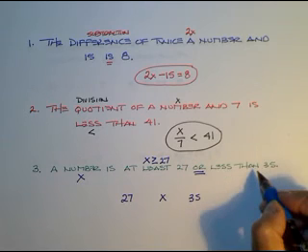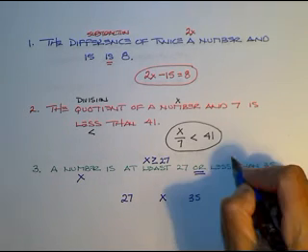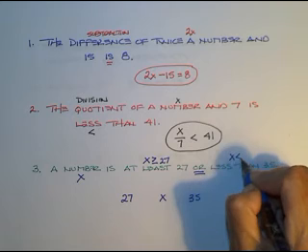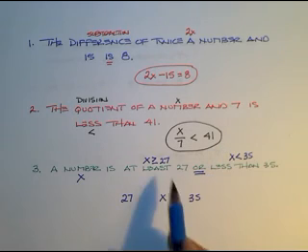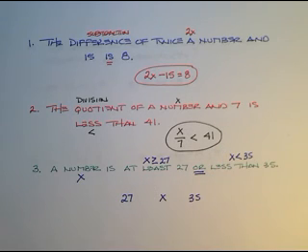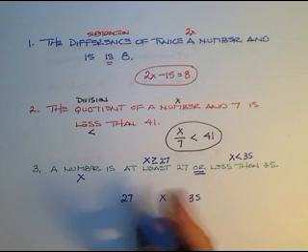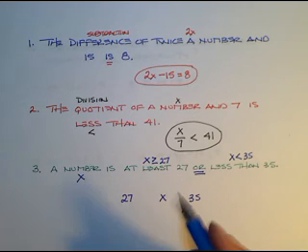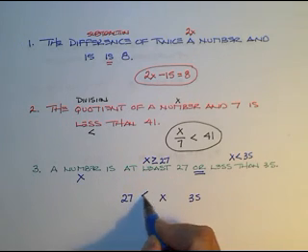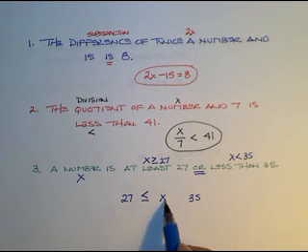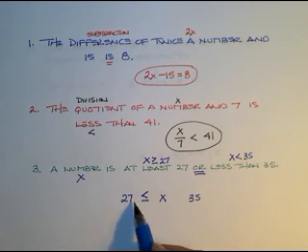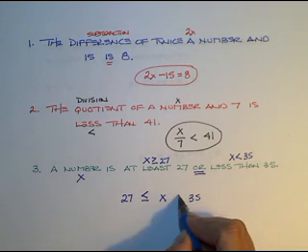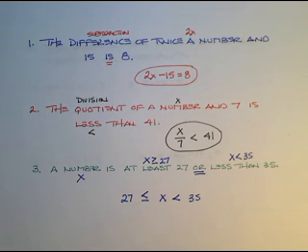We know that x is less than 35, so x is less than 35. So we're having x between 27 and 35. Now, because we're writing it this way, we're going to flip that around. So we're going to flip our symbol. That means x is greater than or equal to 27, and x is less than 35.